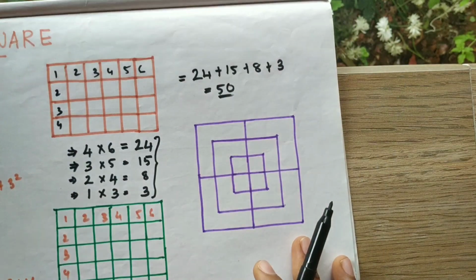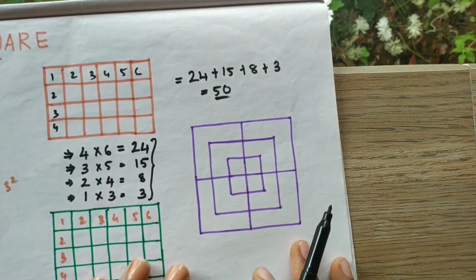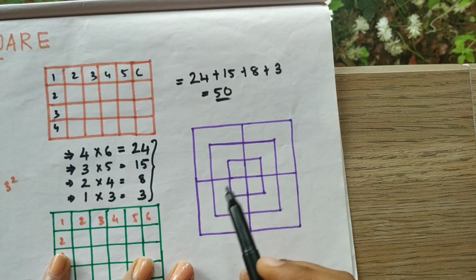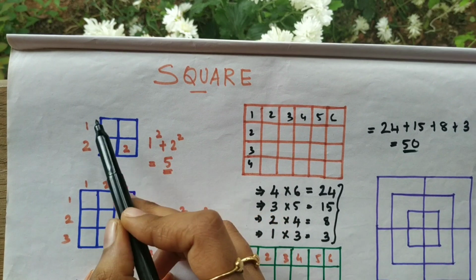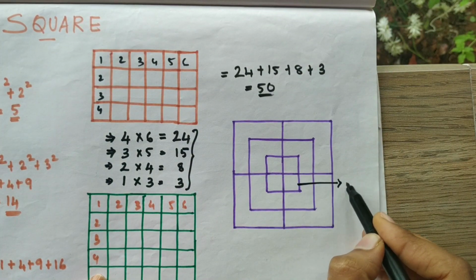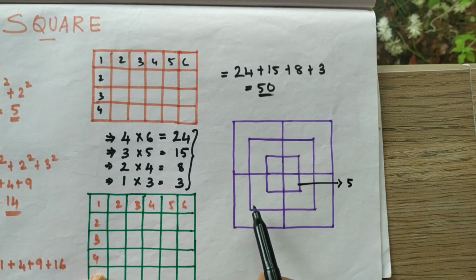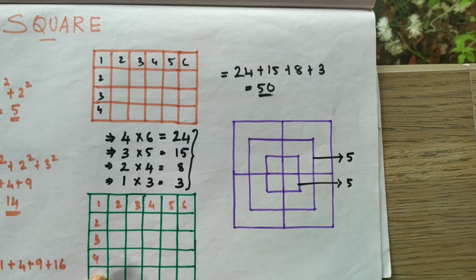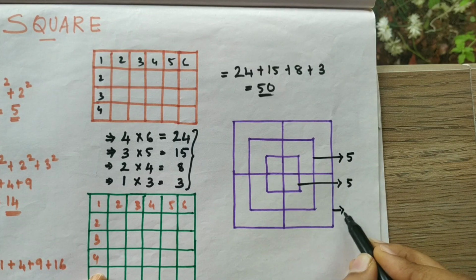Let's work out this one. We already know this particular base has 5. Again the same base is repeated in the figure, so here it is 5 and here it is 5.